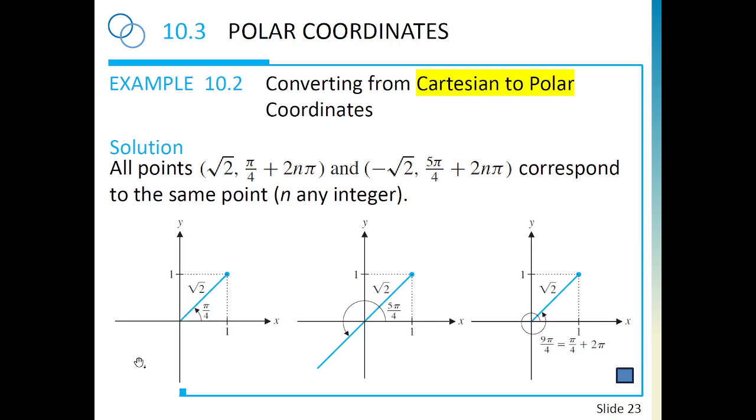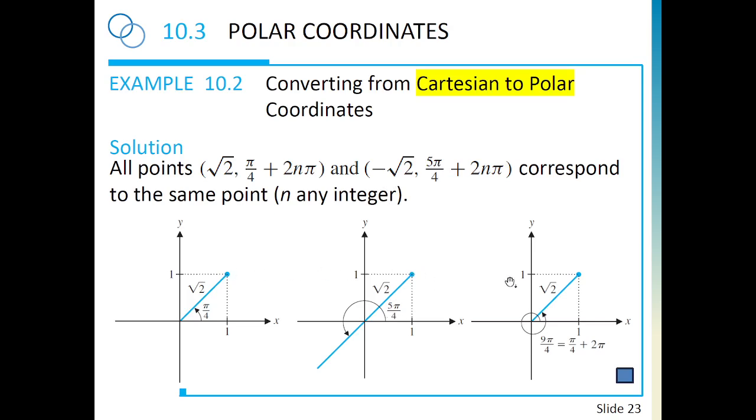When you put a negative sign in front of r, you have a reflection through the origin, so essentially you just go to the opposite quadrant. If I add pi to this angle, I'll get 5 pi over 4, like here, and the point will be there. Then if I put negative in front of radical 2, it will bring me here. So negative radical 2, comma, 5 pi over 4.